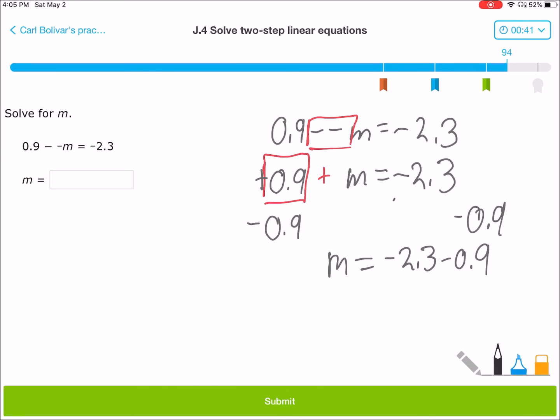Right? There we go. Now when we do the math there, this should give us n is equal to negative 3.2. Right? Yeah, negative 3.2. Alright, so this would become our answer here.